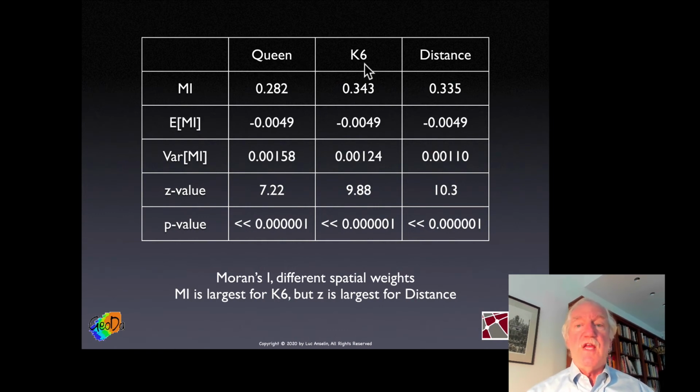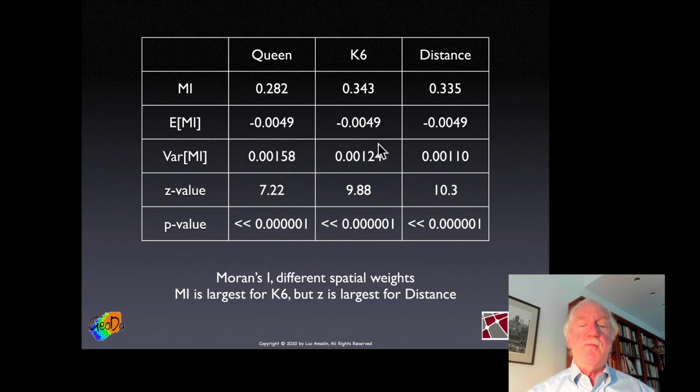K, 6 nearest neighbors, and then a distance band. So if you would look at the Moran's I, the same variable, house prices, you might say, well, the strongest evidence of spatial autocorrelation is found for the 6 nearest neighbors.